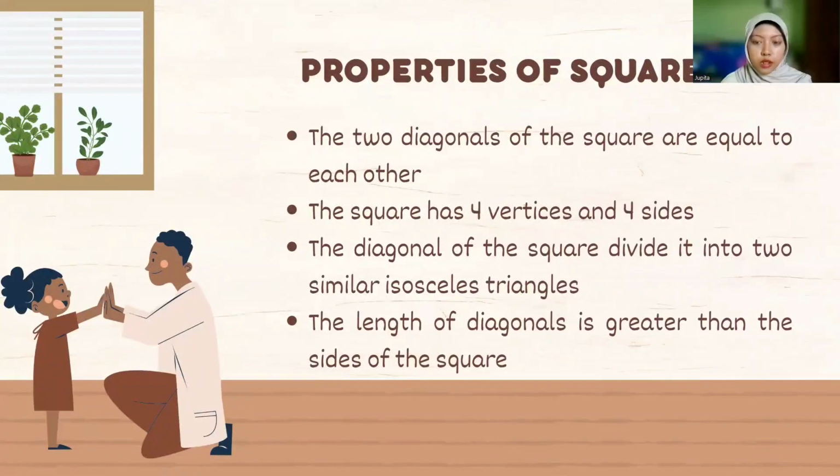The two diagonals of the square are equal to each other. The square has four vertices and four sides. The diagonal of the square divides it into two similar isosceles triangles. The length of the diagonals is greater than the sides of the square.